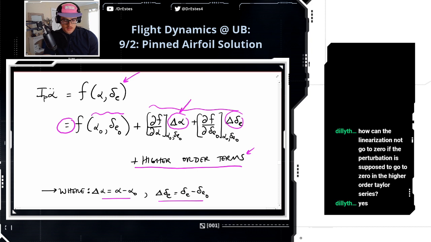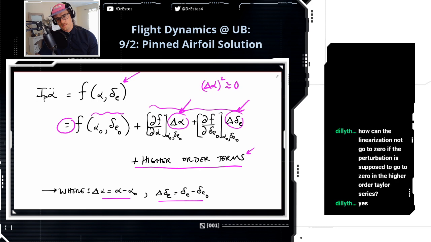Well, these perturbation variables, they don't go to 0. They are just small. And how small is the question? Small enough that if you have a term like this, we're going to say it's not 0, but it's so small that we'll neglect it.